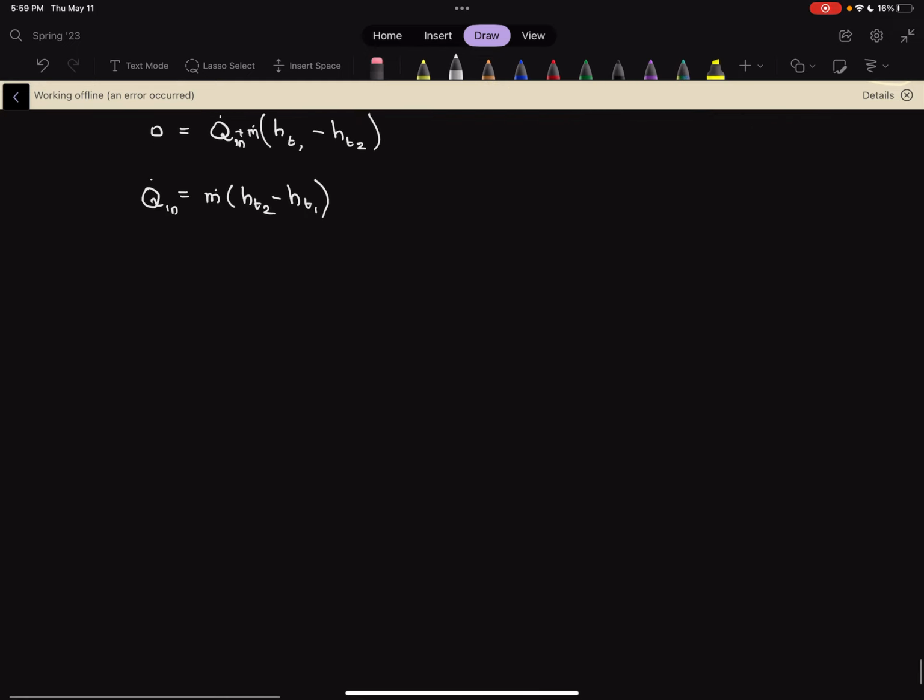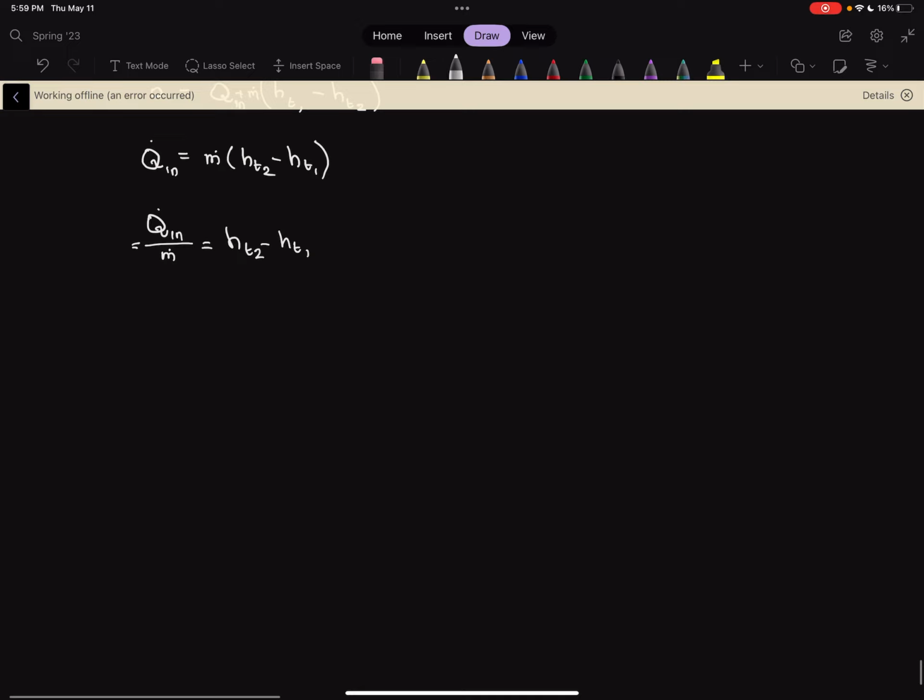Now we can divide both sides by m dot, and what we get is HT2 minus HT1. Now think about this. This is the same thing as the big Q in dt over m dt, because the dot stands for derivative with respect to time.